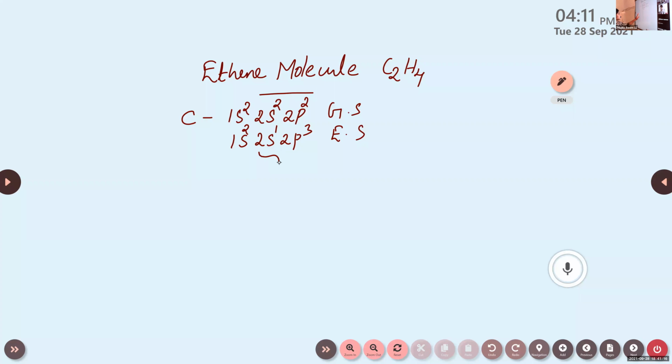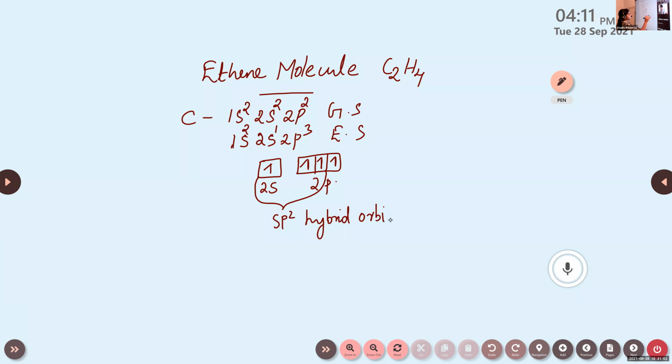Okay. So here we can also draw the orbital diagram. 2s, 1 electron, then 2p, 3 electrons, right? And here only this 2s and 2p orbitals combine together to form sp2 hybrid orbitals.